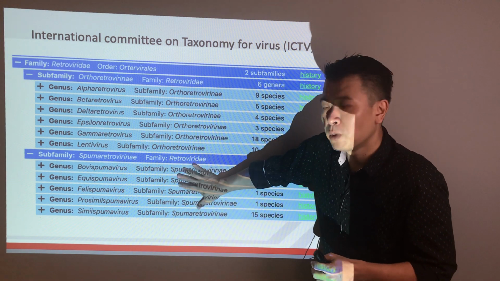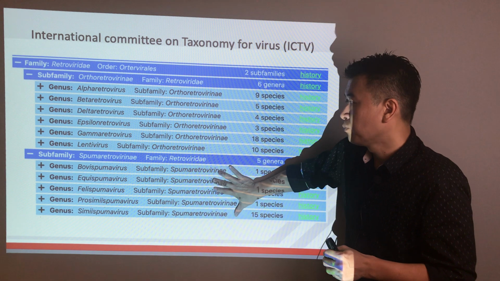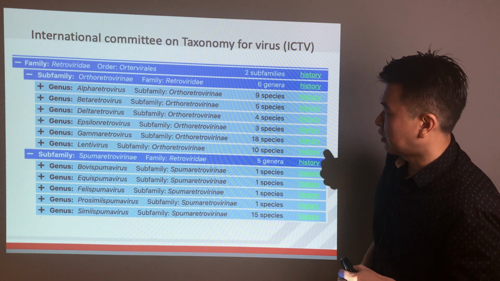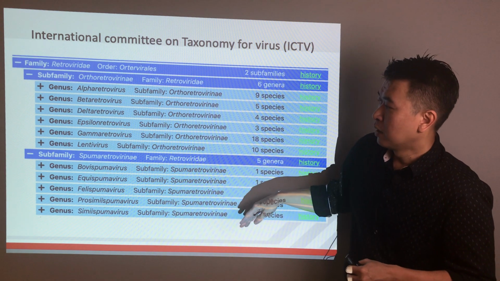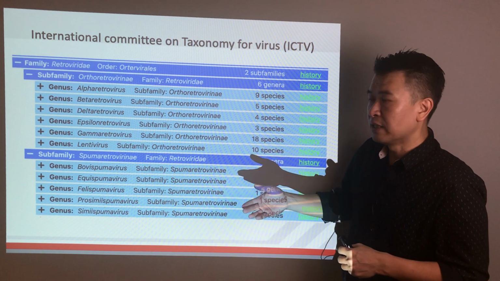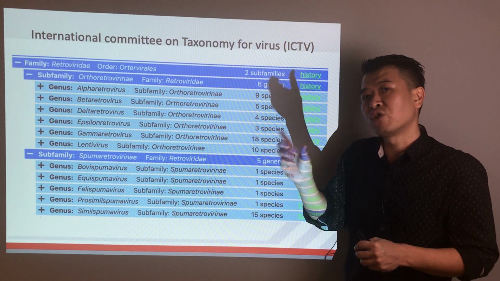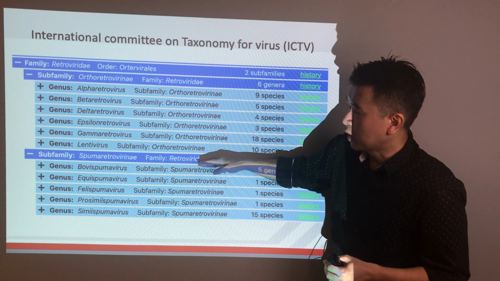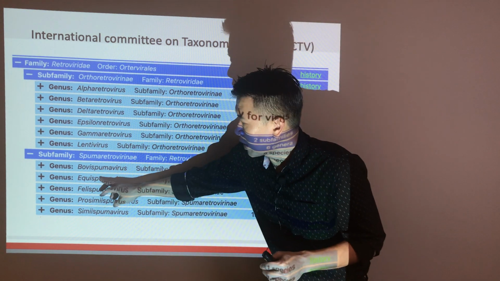Also, the Spumaretroviridae doesn't have the nucleocapsid protein, the NC. So this group of viruses doesn't have that, which classified them separately. Also, during classification analysis using a phylogenetic tree, analyzing the RT helped them to separate this group and that group of viruses. Here we can see the genera.